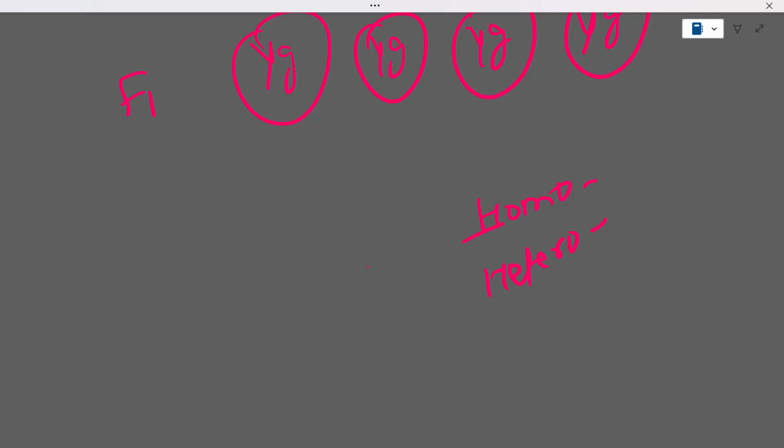So homozygous alleles are those that have similar traits, such as YY, TT, RR, and heterozygous possess one dominant and one recessive. So here recessives can also be homozygous. But if one is dominant and the other is recessive, it is known as heterozygous.